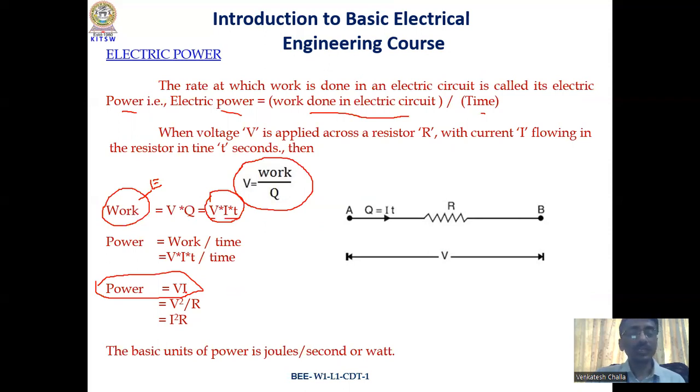In that, this current can be written as V divided by R. So therefore, power becomes V into I, and that is nothing but V square by R, or that is equal to I square into R. Later in Ohm's law, we will see that voltage across a conducting material or a resistor is V equal to I into R. And the unit for this power is joules per second, work done per unit time. So joules per second, or it is also called watts.